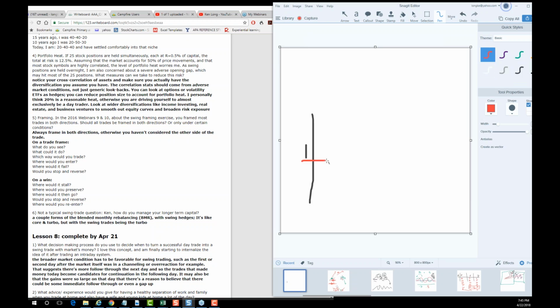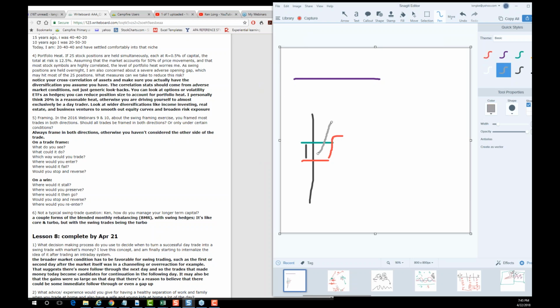I've made my frame. There's my execution stop. There's my mechanical entry. Here is, in this case, it looks like a 3R. Well done. And so price starts going up, and now it's gone that far, so I can start. When do I make that move to preserve a win?